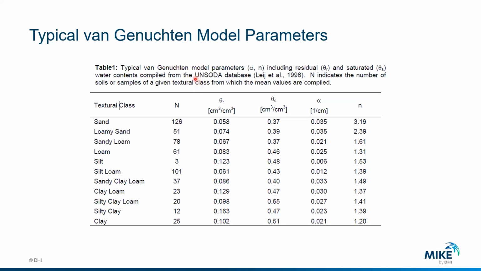I brought this one, called the Unsaturated Soil Database of the United States, reference Leij 1996. It compiled a number of studies of different samples around the United States, and this data is available for different soils. You can use this information as a reference.